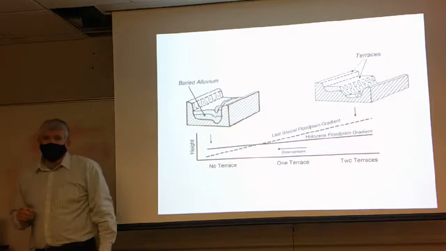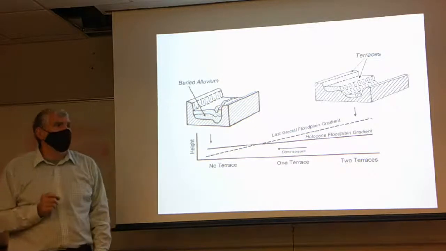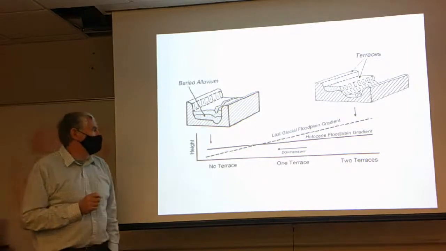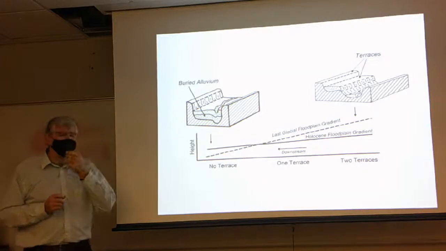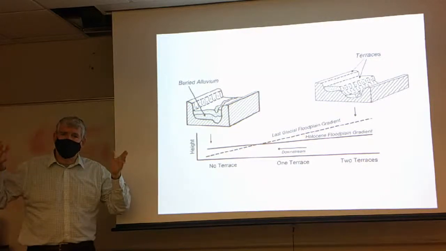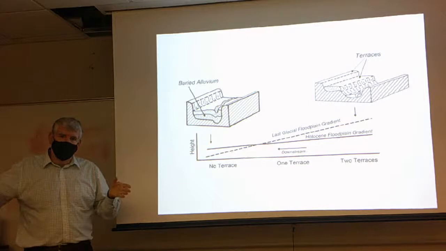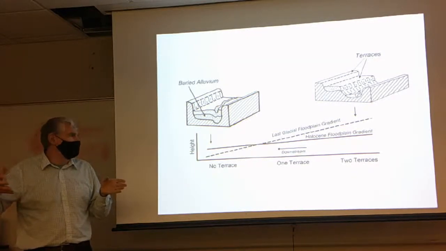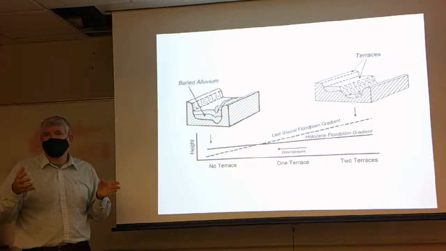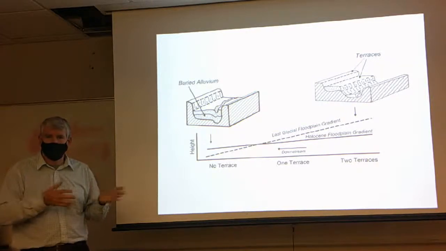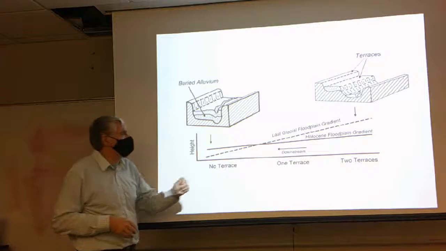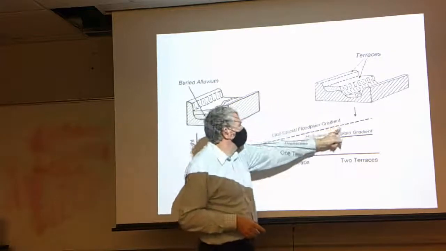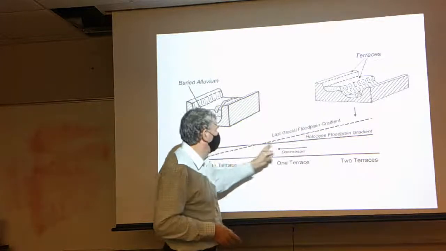All right. Now, one thing to recognize is that along any given river system, we may find reaches where we have true terraces in one section of the stream, generally upstream, and then those paleo surfaces may actually be buried downstream. So here we have a period of incision. This was the original channel gradient.